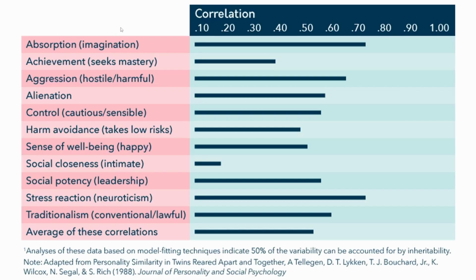But if we wanted to look at similar diagrams here, this is just showing some other factors that might relate to some of those personality traits. So things like imagination or hostility, so some of these will tie in. We're seeing that we can have some of these fairly high in terms of correlation scores. This is between identical twins. And some of them, so things like social closeness, end up being really low, which tells us that there's probably more of an external environmental influence than an internal biological influence.